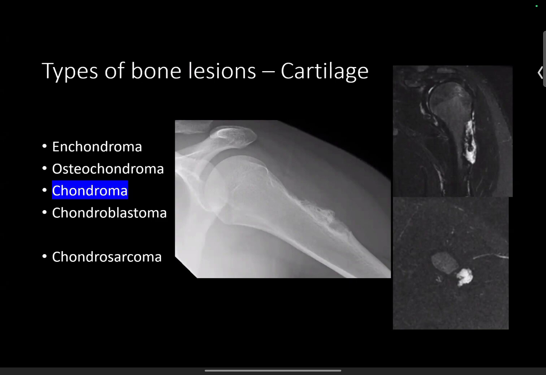So if you see a lucent lesion in the metaphysis and the kid has a sign of infection, you can do an MR, and the MR will have very characteristic appearance of osteomyelitis. You're going to have a lot of edema, enhancement. The Brodie's abscess, because it's a cavity, will have central non-enhancement and peripheral rim enhancement, right? And if you have diffusion-weighted imaging, you might have restricted diffusion within the abscess.